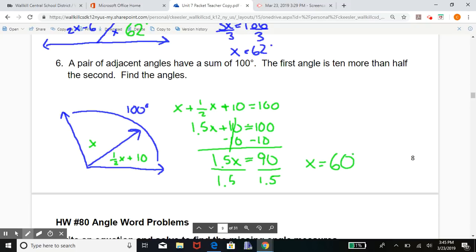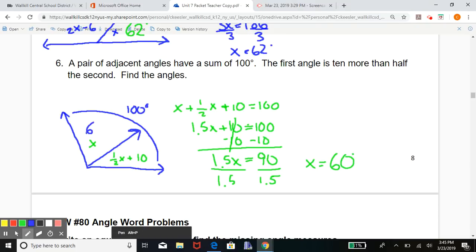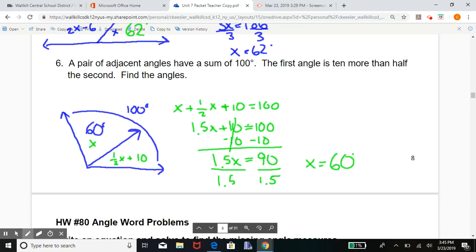So our x is 60 degrees. And then if we plug that in, 1/2 of 60 plus 10 is 30 plus 10, which is 40. And we all know that 60 plus 40 makes 100, so we are correct.